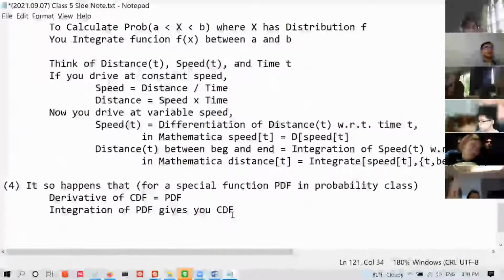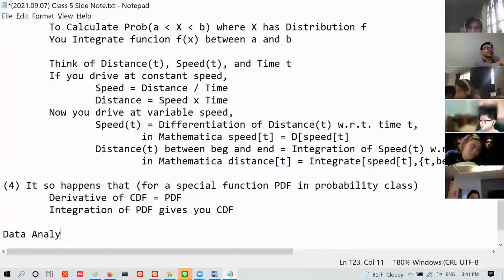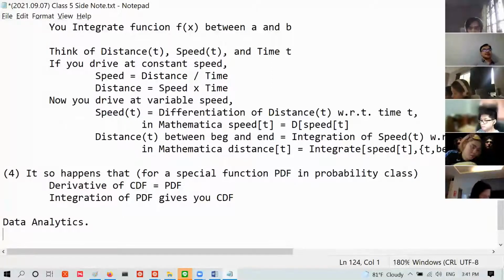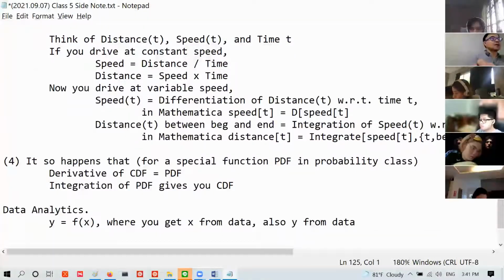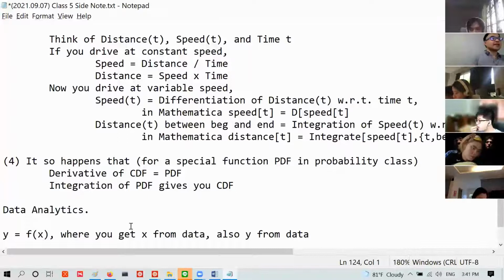Now, how about data analytics? Let me tell you this. Let's consider two kinds of people. Most data analytics, you want to study y as a function of x, where you get x from data, and also y from data. Think of that as a data scientist.